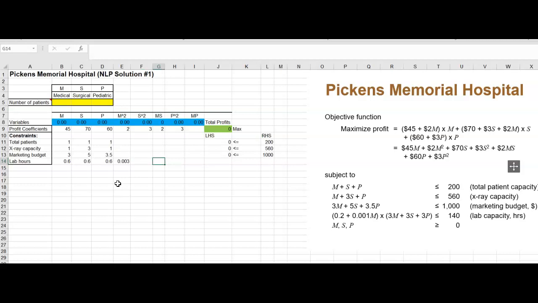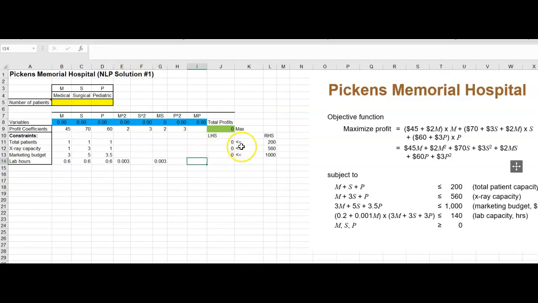There was a term for MS, and the coefficient for that was 0.003. And then finally we had a term for MP, and let's increase the decimals here, which had 0.003 as the coefficient. Notice that in my last constraint, there was no s squared term and there was no p squared term, so I've left those coefficients blank here.